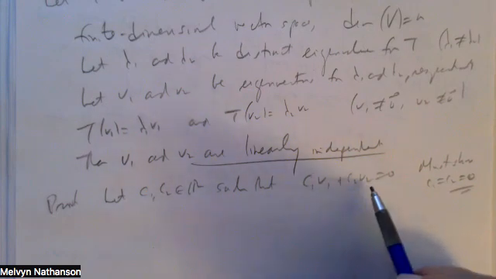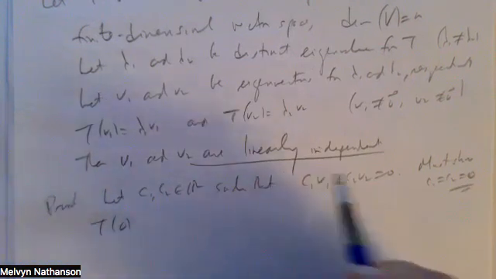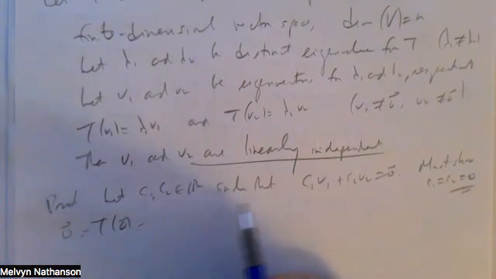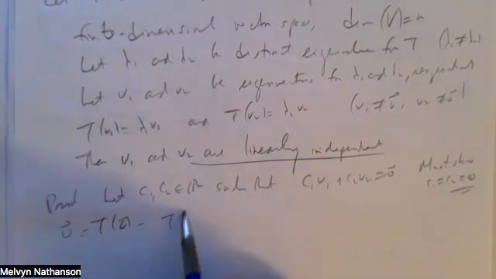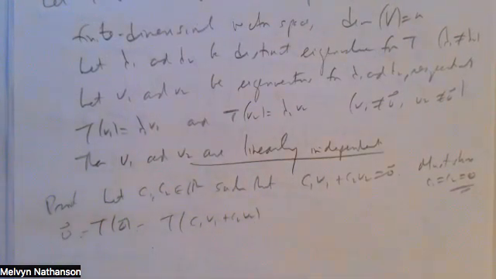So if C1 V1 plus C2 V2 is 0, T of the 0 vector is always the 0 vector. But the 0 vector is C1 V1 plus C2 V2.